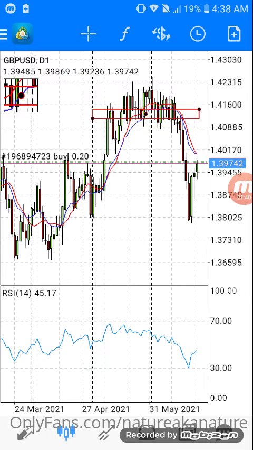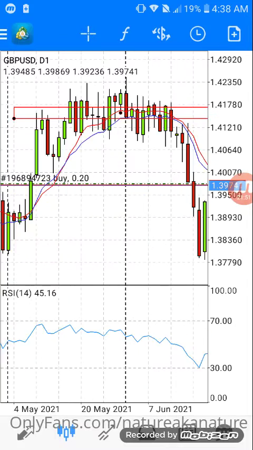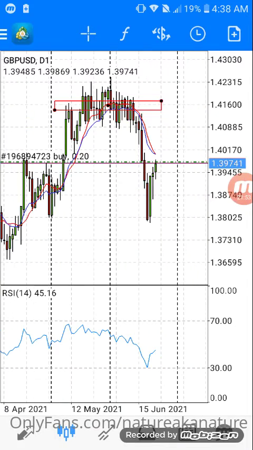Wow, that was the best example. Right here, see how price, once it broke the box, consolidating. Once it breaks the box, we're in a downtrend. Okay, so you can draw even boxes on here.